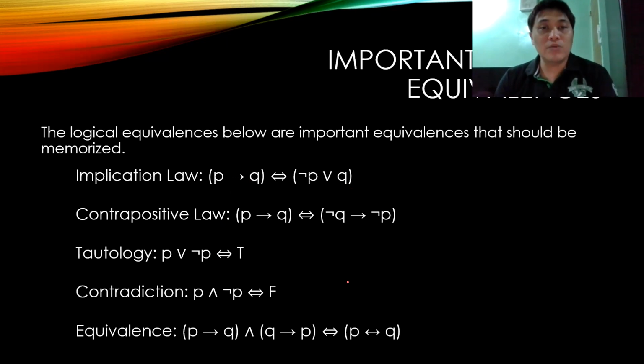The logical equivalences below are important. They should be memorized also. The implication law: if P implies Q, this is equivalent to negation of P logically or Q. The contrapositive law: if P implies Q, then it is equivalent to negative Q. So let us reverse this one.